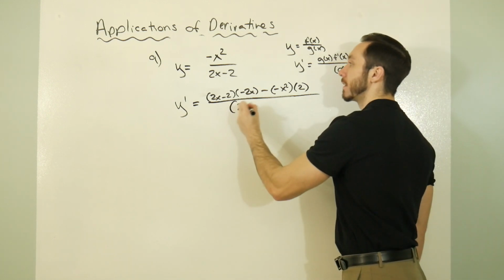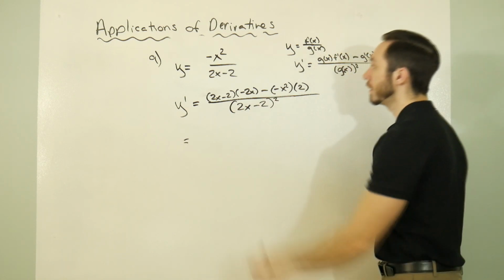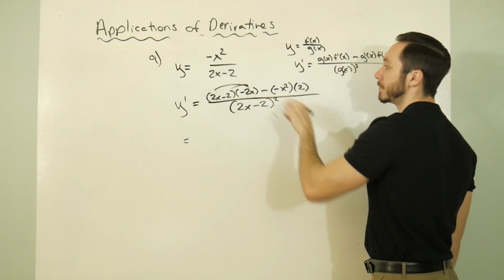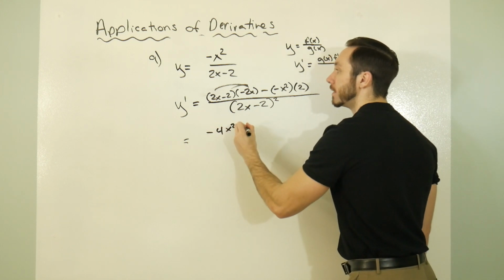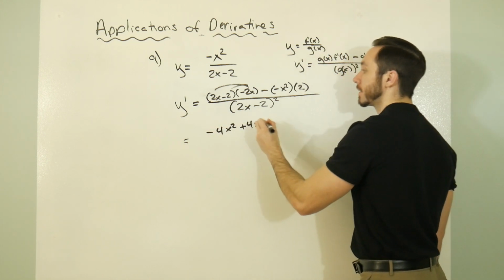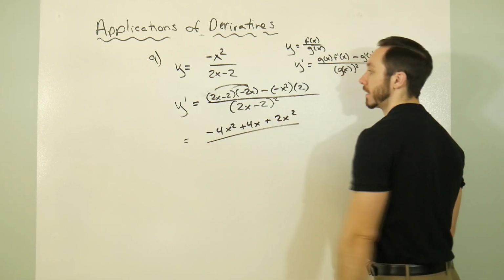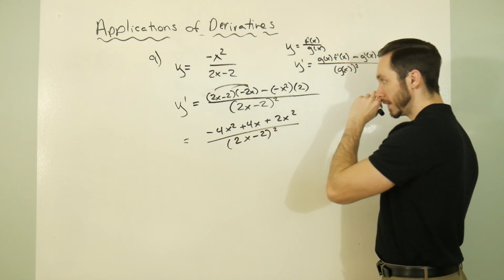And then lastly, this is going to be all over low squared, which looks like that. So let's do some math. Let's distribute this guy in and simplify this guy to the right. So we end up getting negative 4x squared plus 4x plus 2x squared. It's going to be all over, same denominator. Let's not touch it for now. All right.